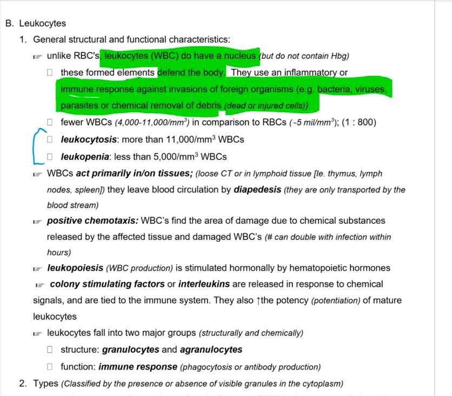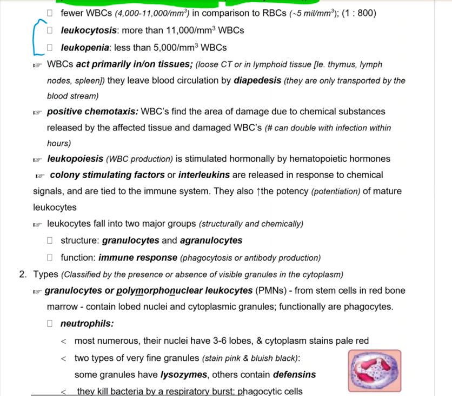So that in between 5 and 11 is our normal number, and if you go a little above or a little below, you may be having some problems or issues. If you have more, that often means you have some sort of infection because you're mobilizing and making more white blood cells. If you have too few, sometimes you have some other disease or disorder which is repressing the creating of or destroying the white blood cells.